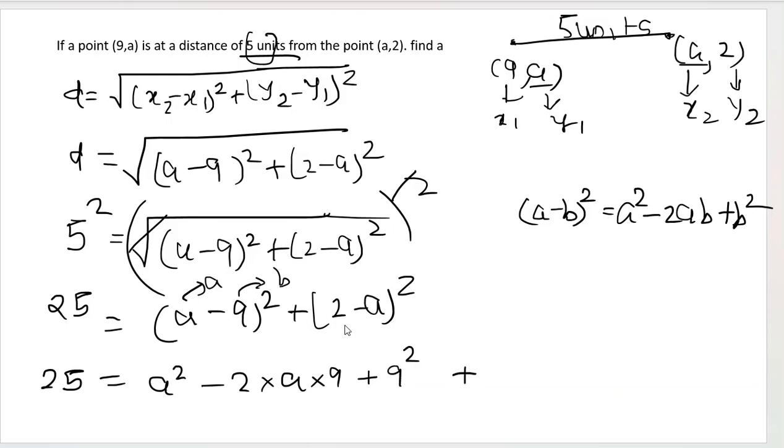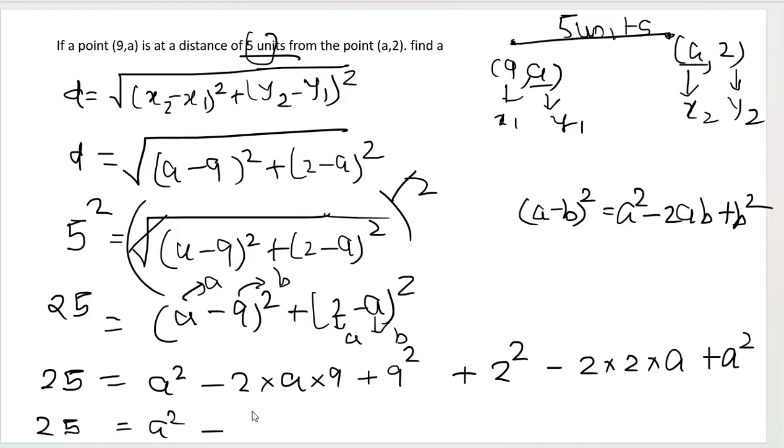Same thing we do here: this will become a and this behaves like b, so it will be 2 square minus 2 into 2 into a plus a square. So we have 25 is equal to a square minus 18a plus 9 square, that is 81, plus 2 square is 4, minus 4a plus a square.